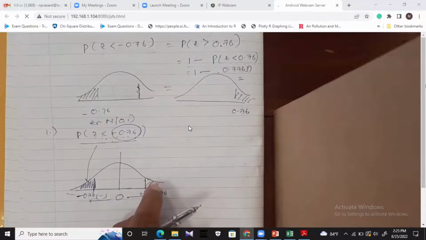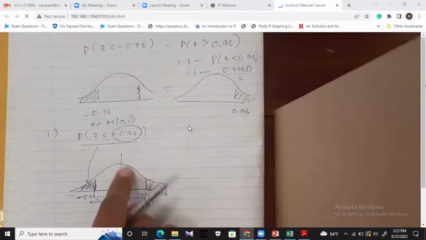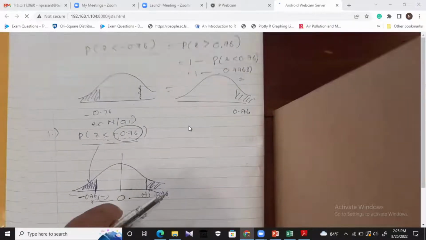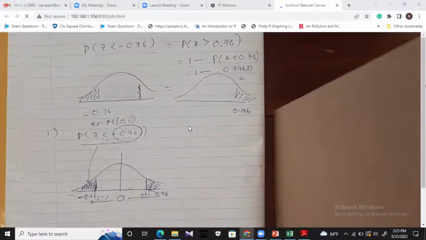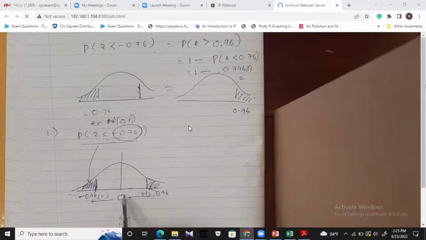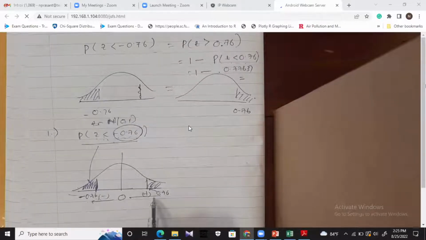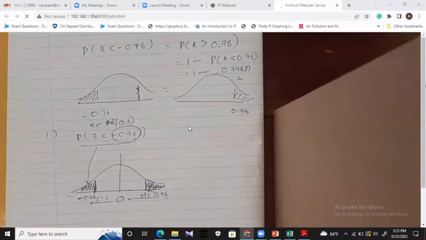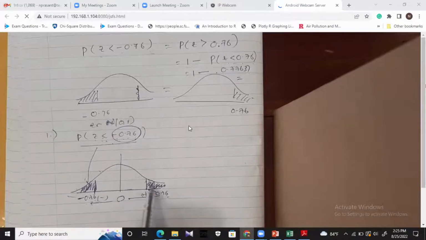Their areas are equal. Why? The distribution is symmetric about its mean 0. Z is defined as a normal random variable with mean 0 and variance 1, so it is symmetric about its mean 0. So for minus 0.76 the corresponding positive value is plus 0.76. So this small region is going to be the region on the right-hand side. So instead of finding this region, it's okay to find the right-hand side region.